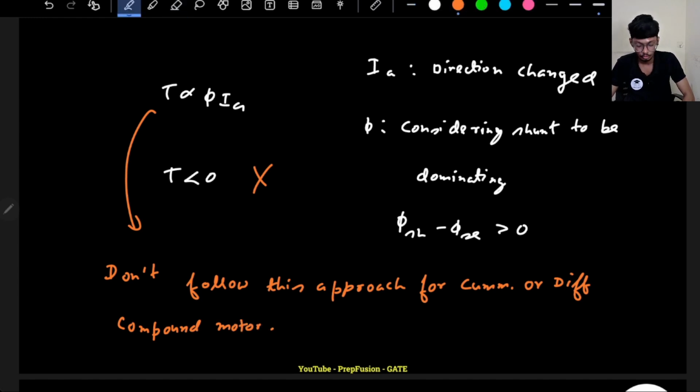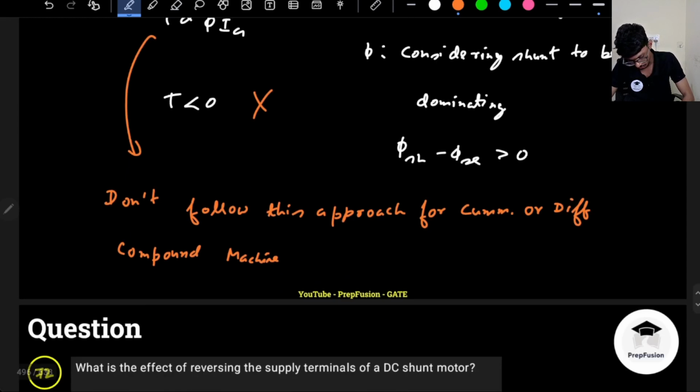Okay, don't do this. Machines, you draw the diagram.